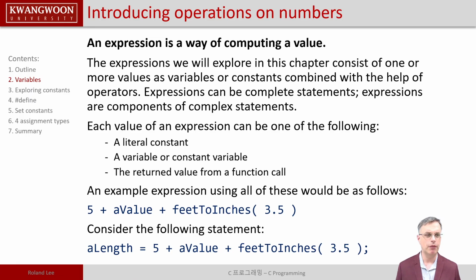For example, 5 is a literal expression that evaluates to the value of 5. 5 plus 8 is an arithmetic expression of two simple expressions, literal constants, which with the addition operator evaluates to 13.